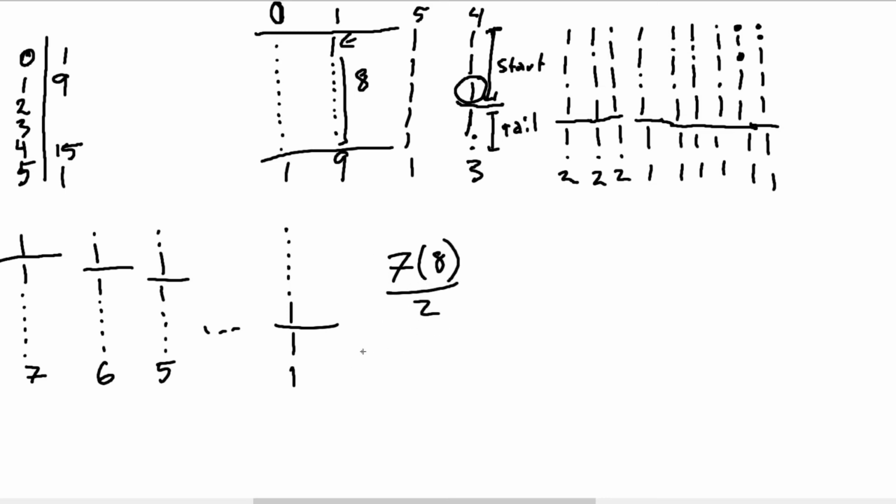So I'll state that with no proof. You can practice it, 7 plus 6 plus 5 plus 4 plus 3 plus 2 plus 1, if you want to. So I'm going to cancel out a 2 here, so I get 7 times 4, which is 28. So there are 28 ways to have 2 double jumps.